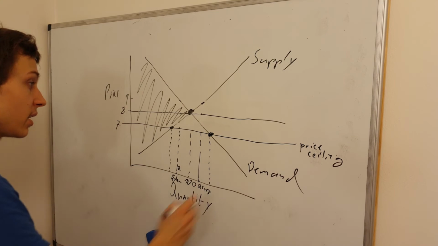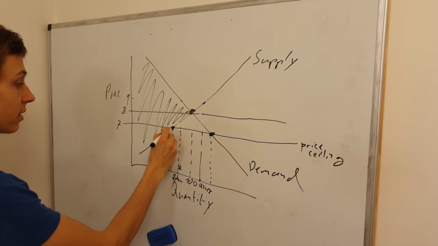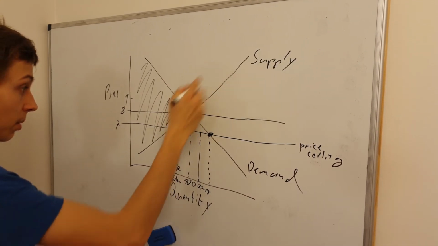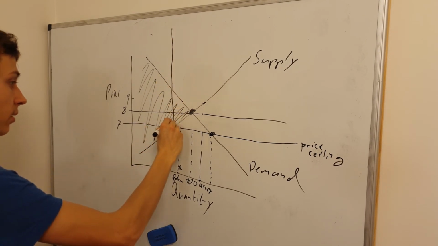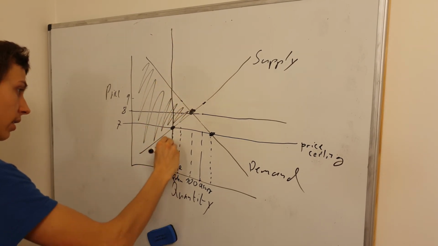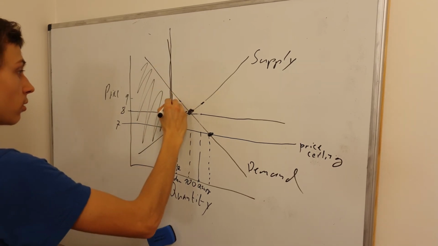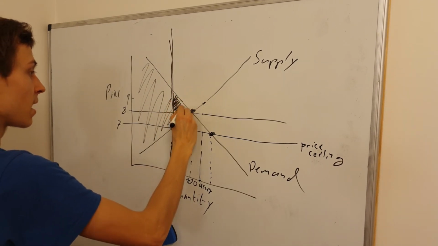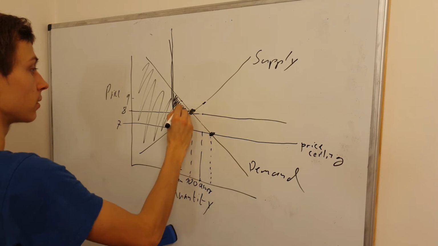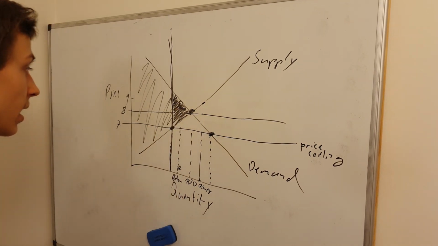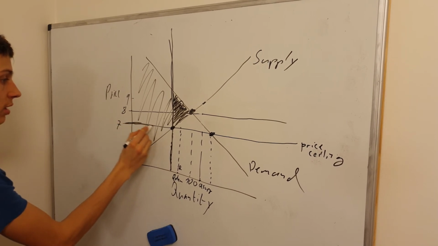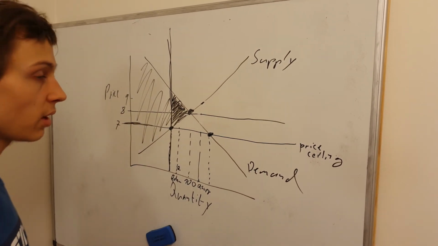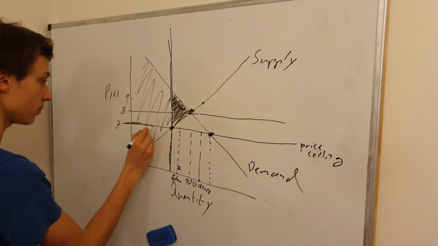But for example, with a price ceiling, you see the price makes the quantity supplied lower, and so this new vertical line comes about. And so this part of our total surplus is cut off. Okay, it is cut off, and we see this new price also creates the new border between consumer and producer surplus.